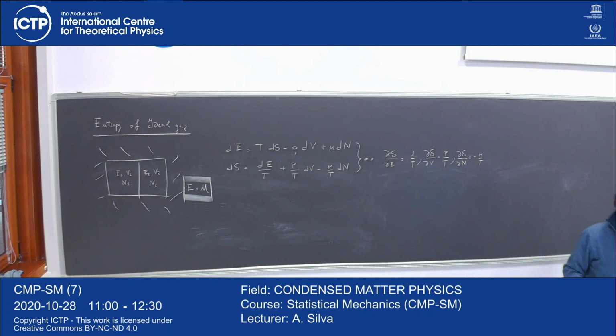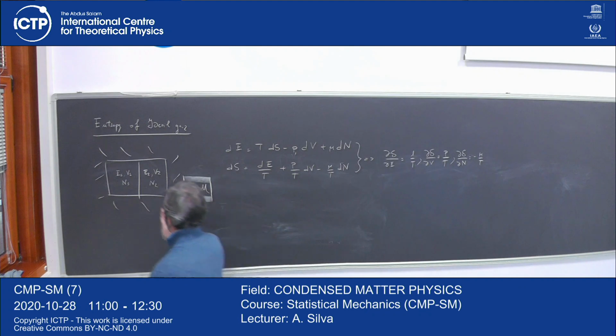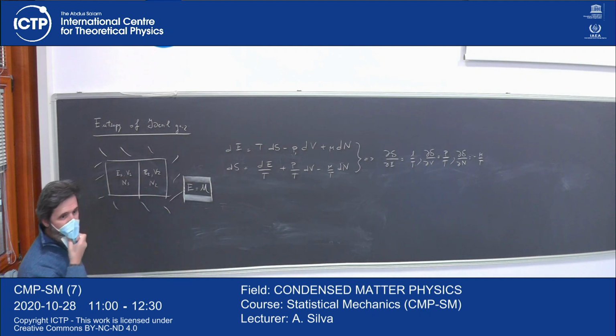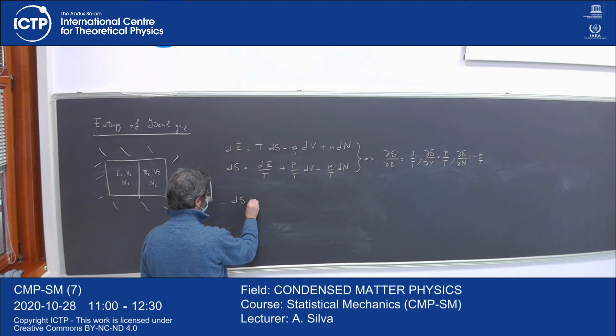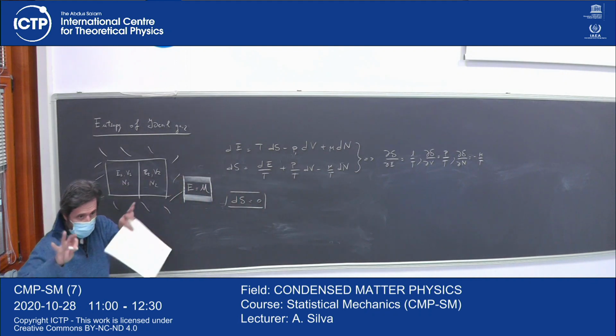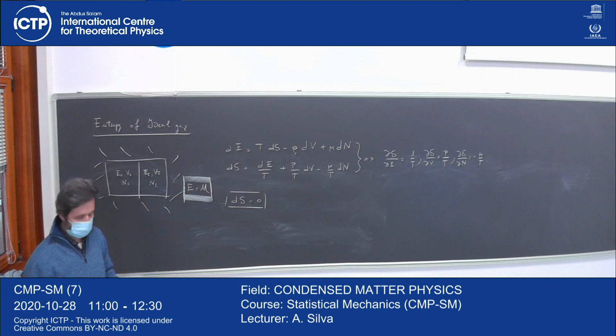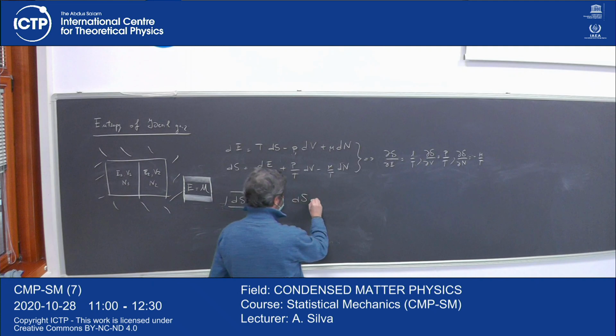If I make a transformation in which the entropy is not changing, then it means that I'm sitting at the maximum. So I have to set dS equal to 0 to identify the equilibrium between these two pieces of my system.